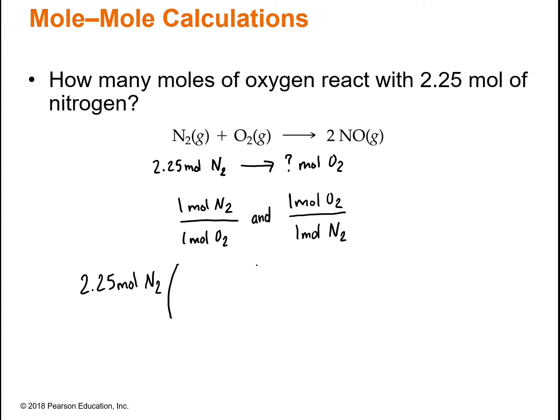We're starting with moles of nitrogen gas, and we want to get to moles of oxygen gas. That means we need to cancel out the moles of nitrogen gas in the top, so we need that in the bottom. That's going to be the second one. We'll have the moles of oxygen on top, moles of nitrogen gas on the bottom.